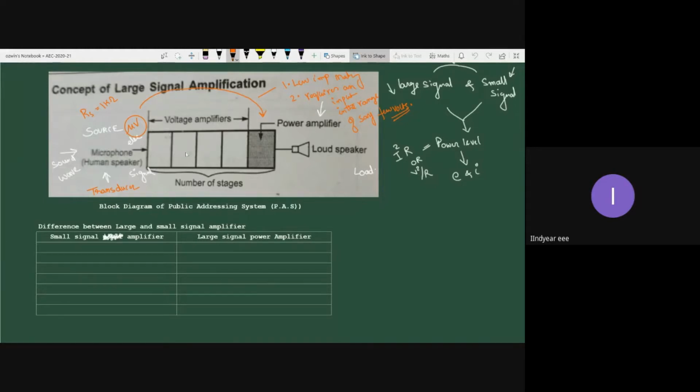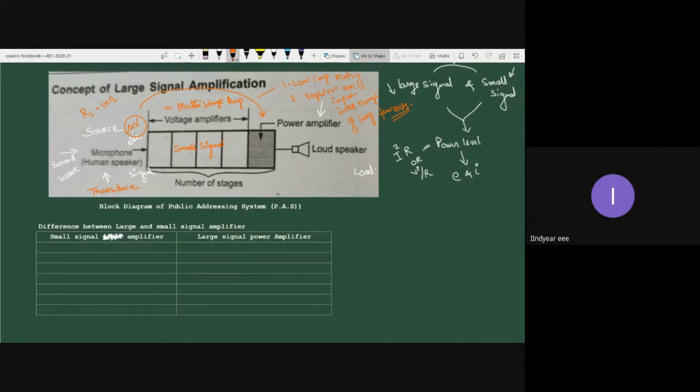That's the reason you can see a voltage amplifier. This voltage amplifier is nothing but a multi-stage amplifier. We have already studied multi-stage amplifiers in the previous section, in module 2. So this microvolt signal is given to a voltage amplifier, which is a small signal amplifier.